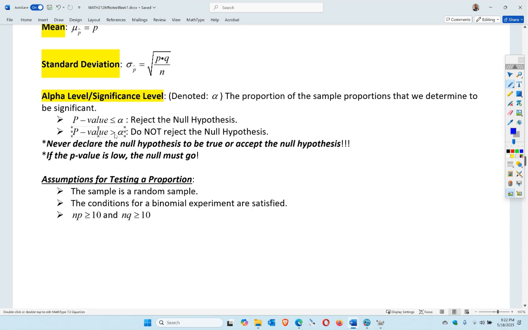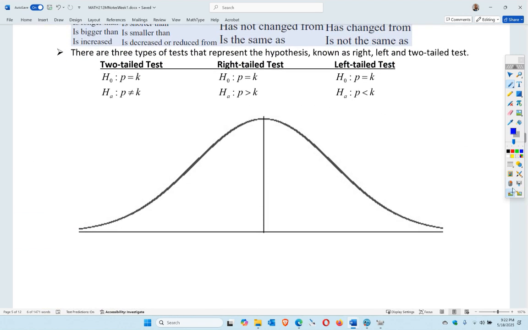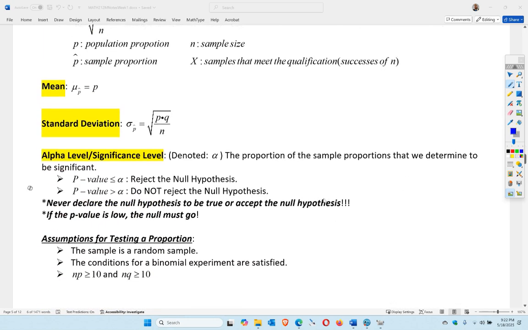If the p-value is greater than alpha, you do not reject the null hypothesis. Basically, the default belief is probably true, which means you're in the middle area. If the p is very small, you've made it out to here or here. If the p is very large, you're in this area. We'll go through that pictorially later on.